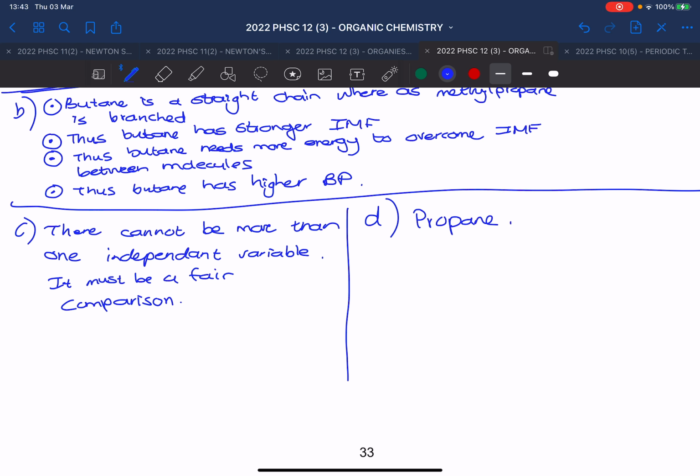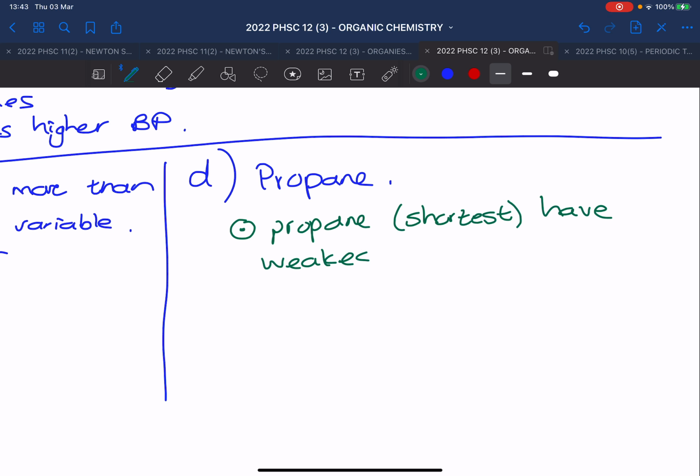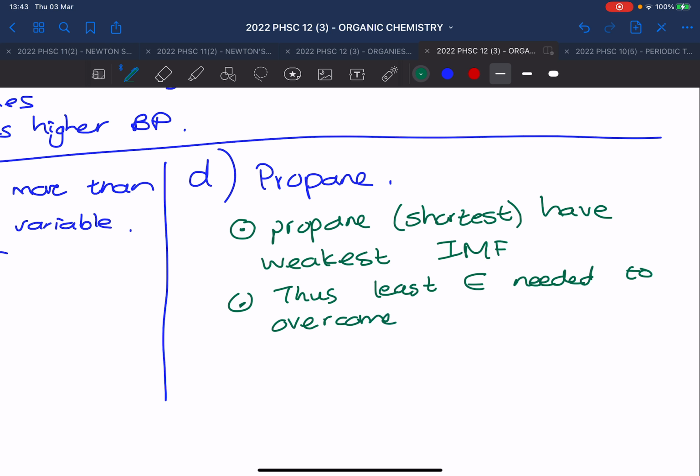So I'll write down the reason here. The reason is propane, which is the shortest, has the weakest intermolecular forces, thus the least energy is needed to overcome them.